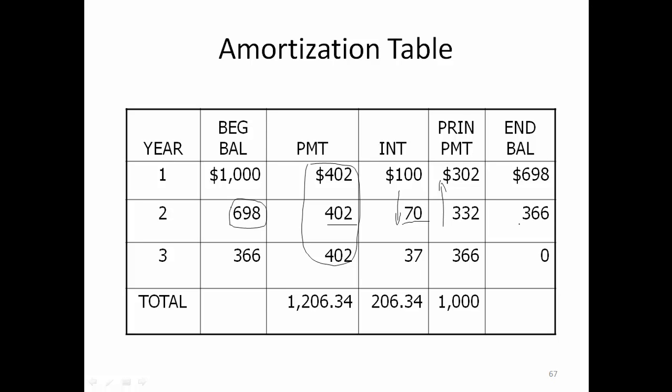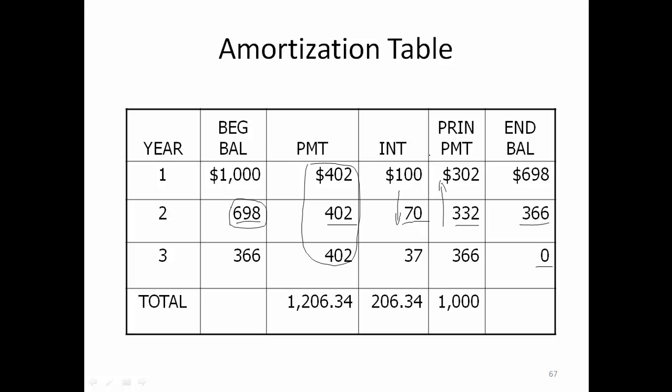After 2 years, our remaining balance will be 366, and this is after subtracting the 332 from the beginning balance at the beginning of the second year. So after 3 years, we pay off all the balance, and our remaining balance will be 0.